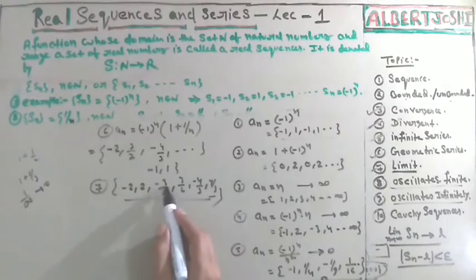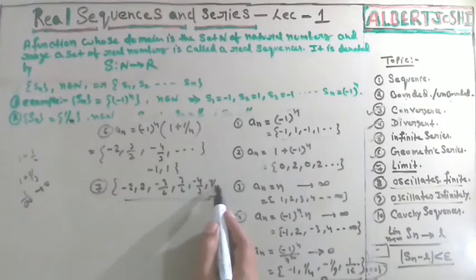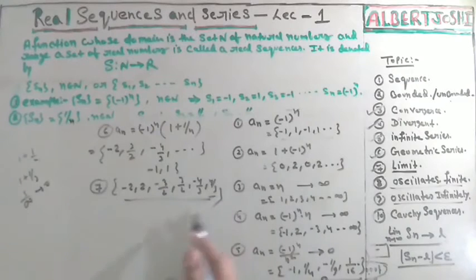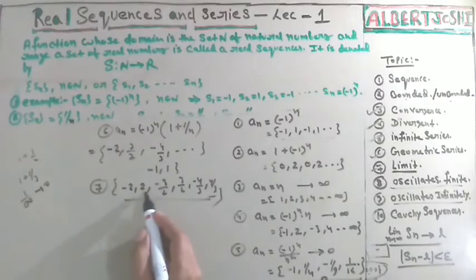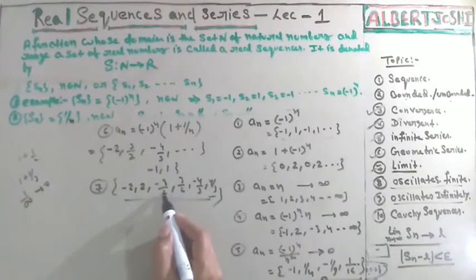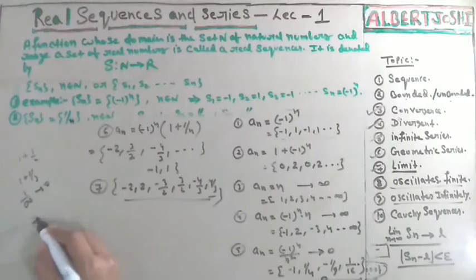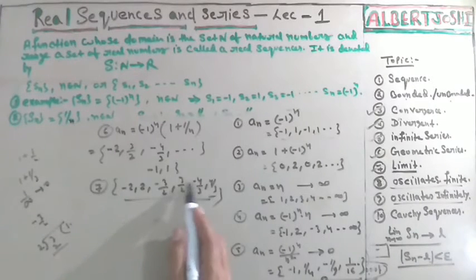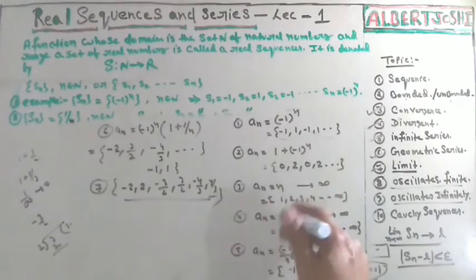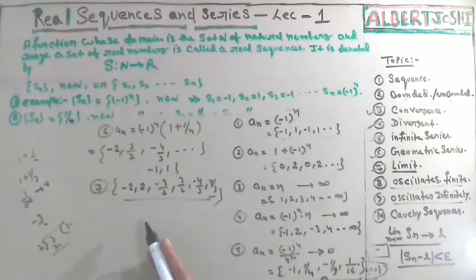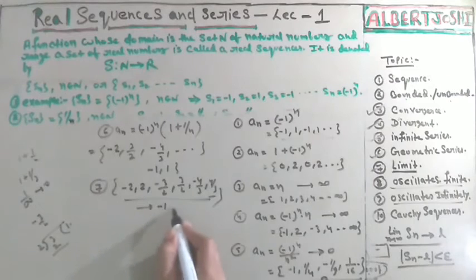You can see that 3 upon 2, 4 upon 3 are decreasing. So minus 3 upon 2 means 1 point something. Its limit value will go to minus 1 and 1.